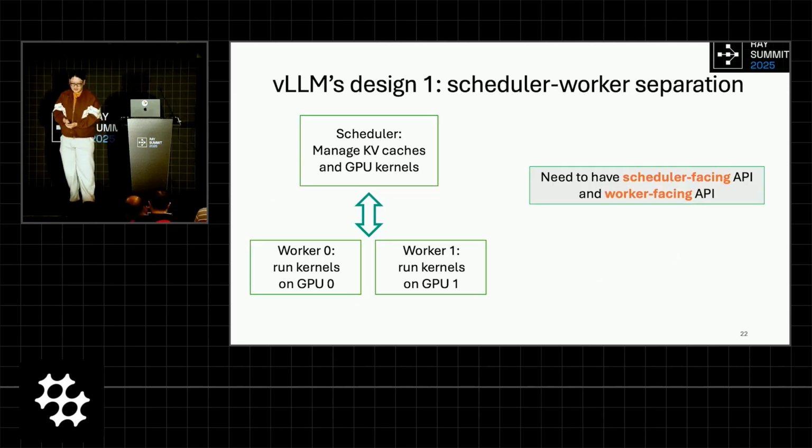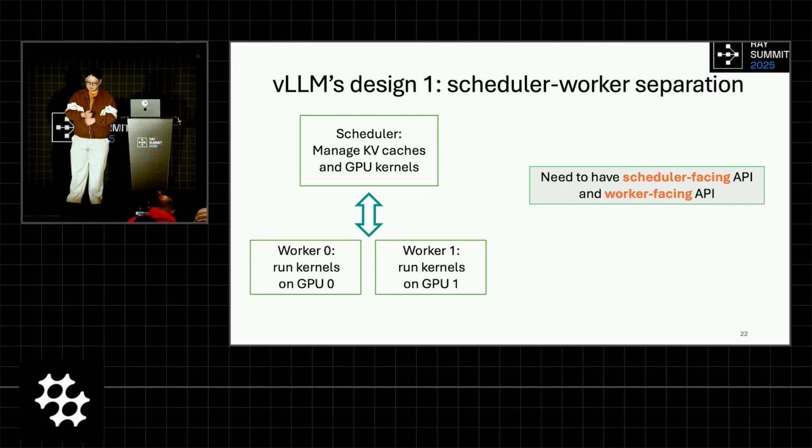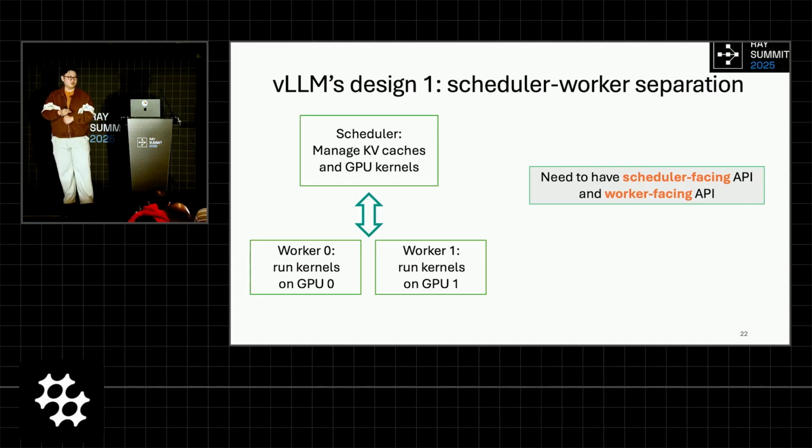What's the design philosophy behind vLLM that we are leveraging? The first, simple one is that there's a scheduler-worker separation in the current vLLM core. This separation is based on two needs. The first need is that you need to manage the KV cache as a huge object inside the GPU, which requires a scheduler.